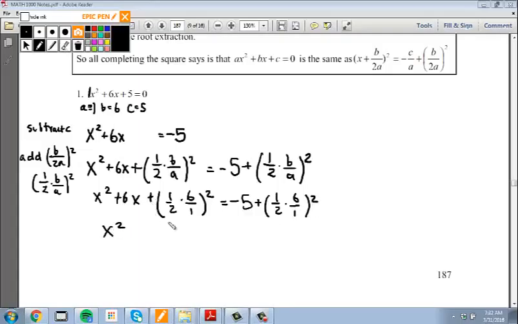Now, I have 1/2 times 6 over 1. That is actually going to be 3. So that's 3 squared. And the same thing over here, 3 squared.